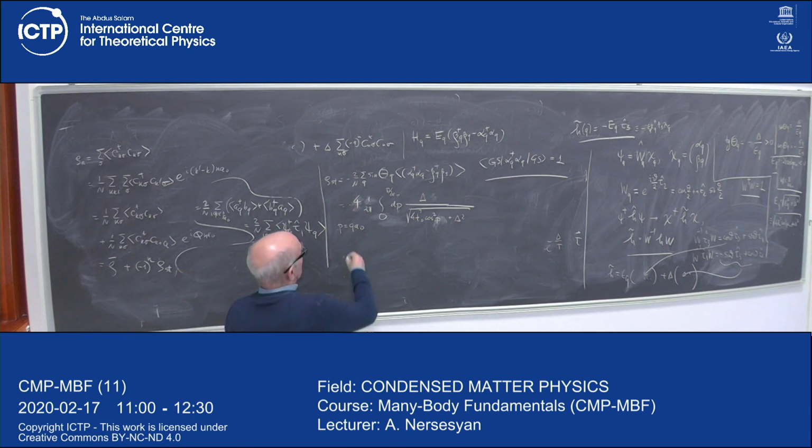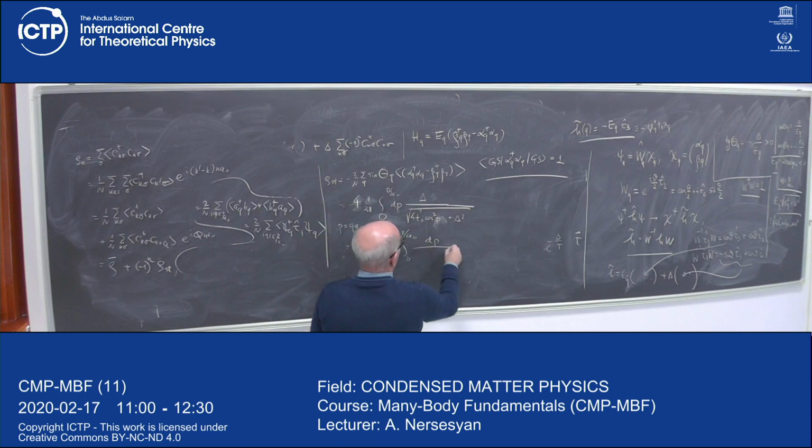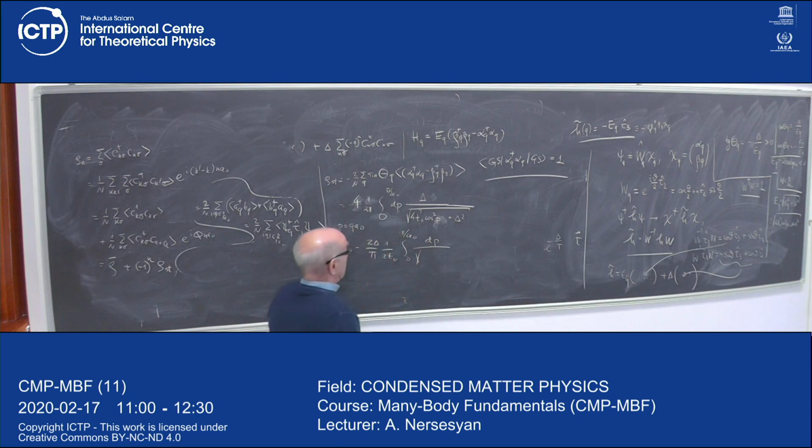And then all in all, I will get minus twice delta divided by pi, and this integral remaining. But let me also push 4 times t naught squared, twice t naught, outside, and I will get the integral from 0 to pi over 2. What? Pi over 2, not 2a0.